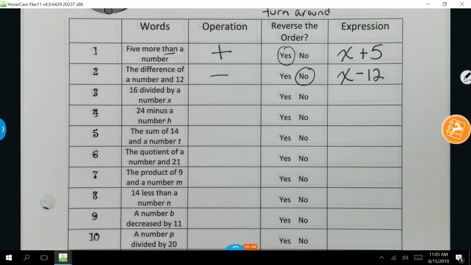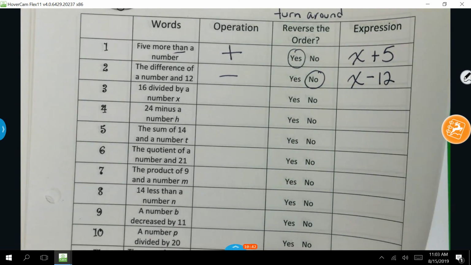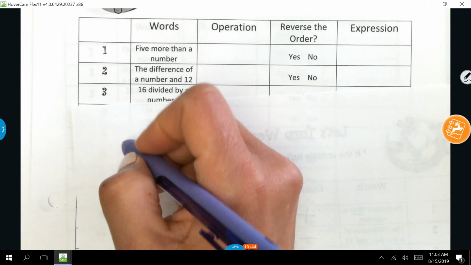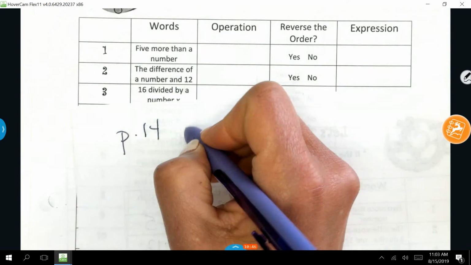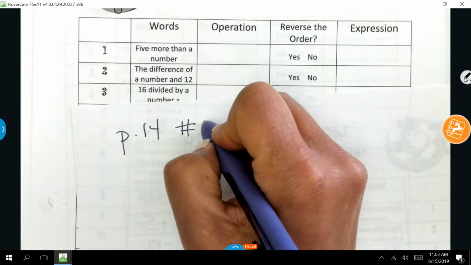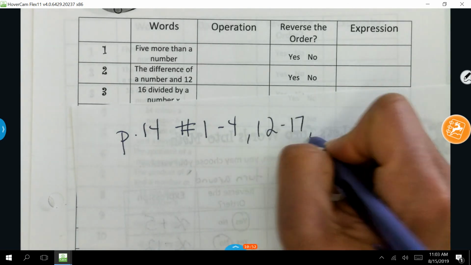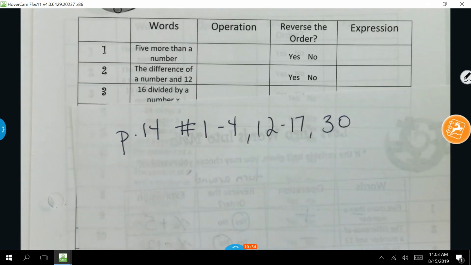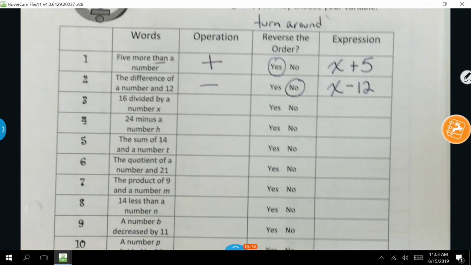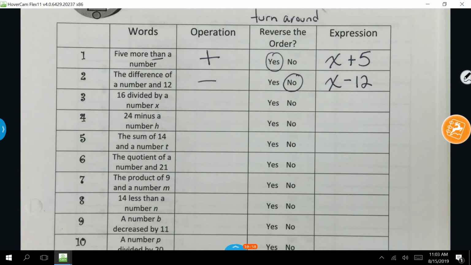Does everyone understand this part? And again, if you want to, write on the back, you could put page 14, numbers 1 through 4, 12 through 17, and 30. You could do it right on the back if you choose. What's addition and multiplication? You automatically put yes, and then no, you put no.